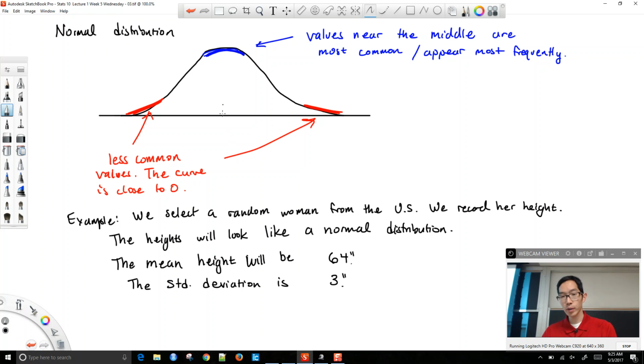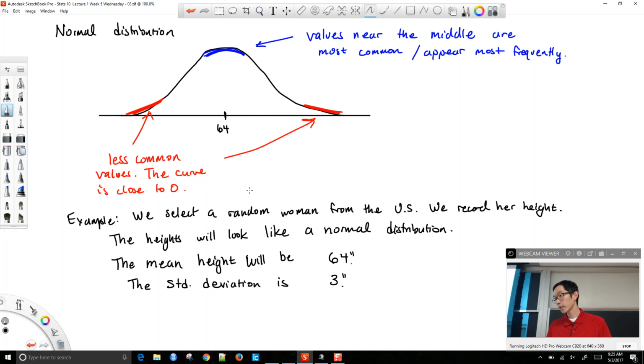And so that means in my normal distribution, I could put 64 in the middle, and heights near 64 inches, so 5'3", 5'4", 5'5", are going to be your most common, most frequent heights that we might observe for adult women in the United States.